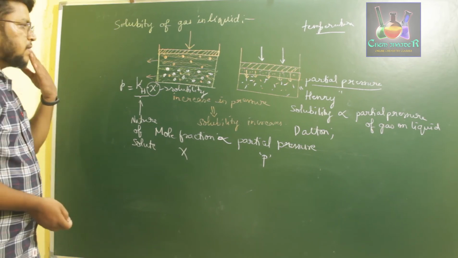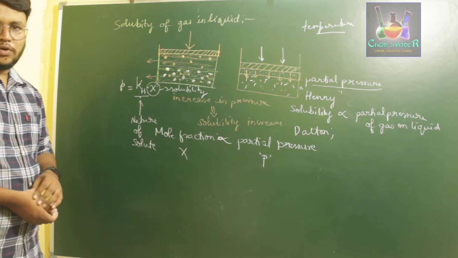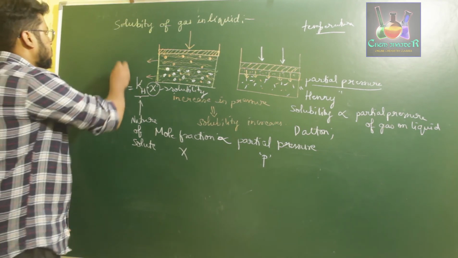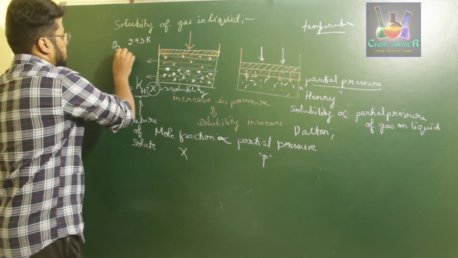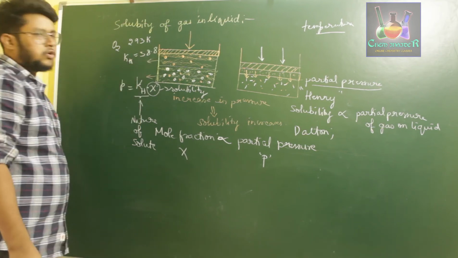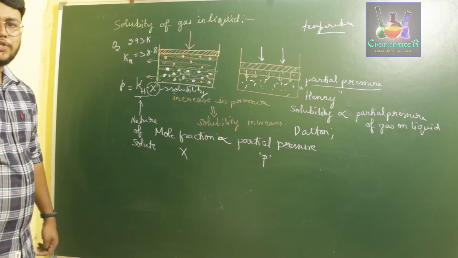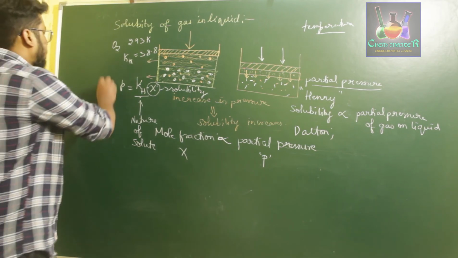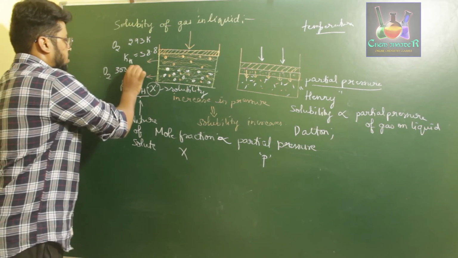That is because oxygen dissolved in seawater at 293 Kelvin has a kH value of 38.8, and oxygen dissolved at 303 Kelvin has a kH value of 46.